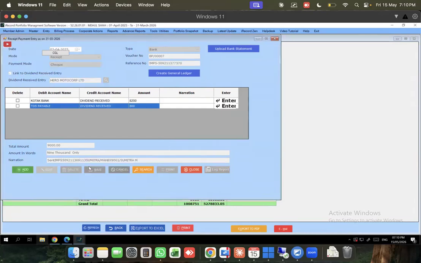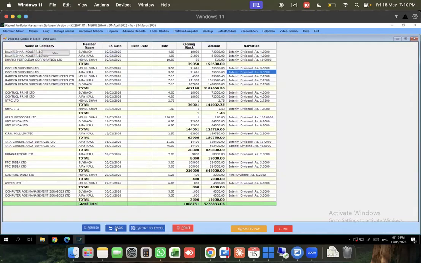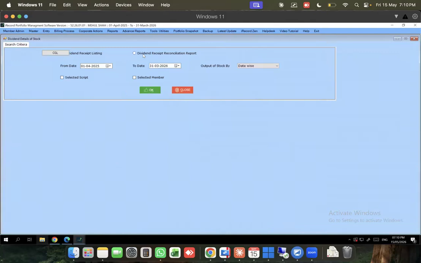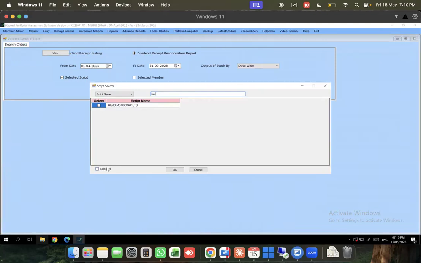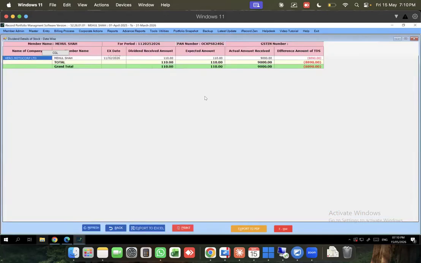The moment I save and I go back, we have another filter over here called Dividend Receipt Reconciliation Report. I select my script Hero Motor Corp, and now the report will show the variances of TDS. So my income expected from Hero Motor Corp for Mr. Mehul was 110 rupees. However, I have received 9,000 rupees against this script in my bank.